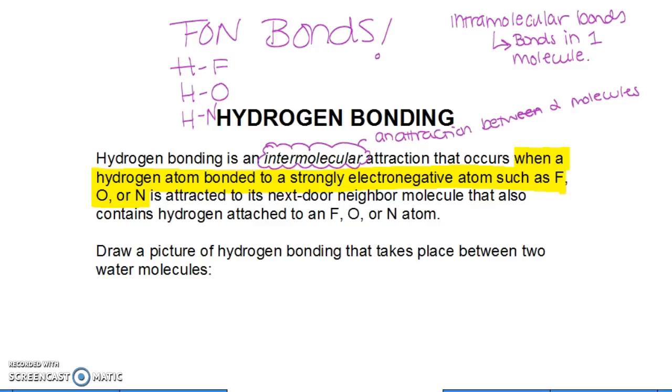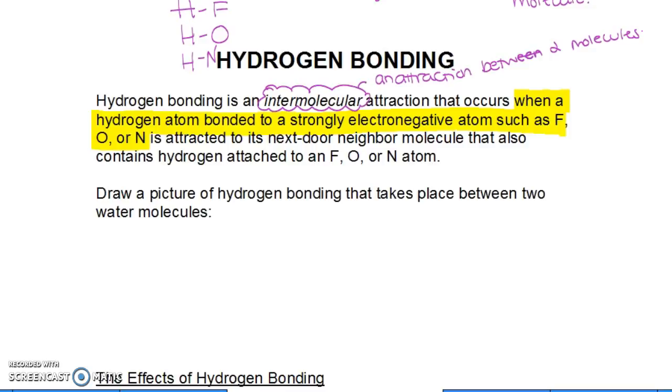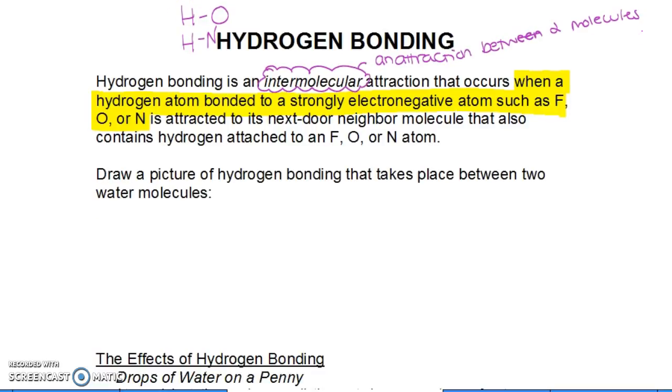So when we talk about this, basically what we end up seeing with hydrogen bonds, and we're going to use water as an example because this is the most famous hydrogen bond. If we have a couple of water molecules, if you just take a second to draw all of those out, what you'll notice is that you'll end up with a partially positive or partially negative part of your atom.